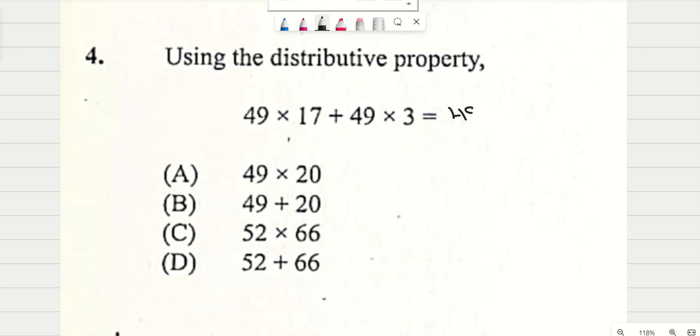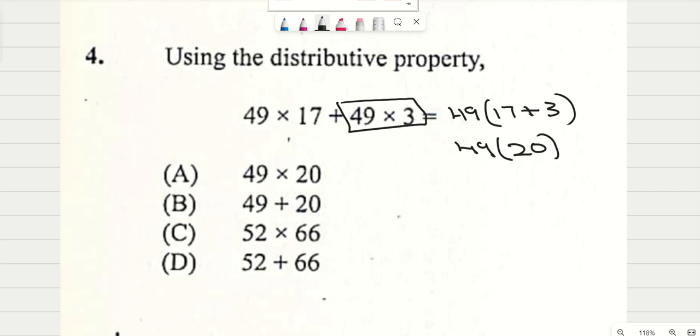So 49, open bracket, the bracket means to multiply, so your first digit is going to be 17. You're going to add 3. So this is 49 multiplied by 17 plus 3, which is 20, which is A. So the others would be out of the question.